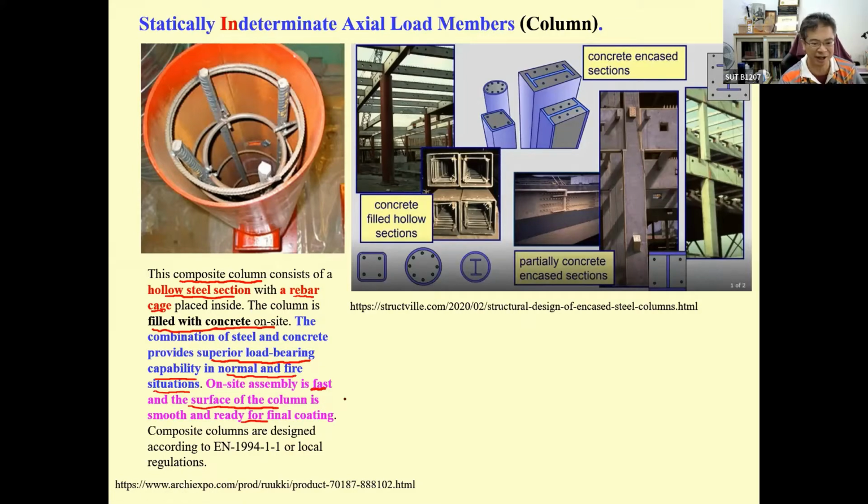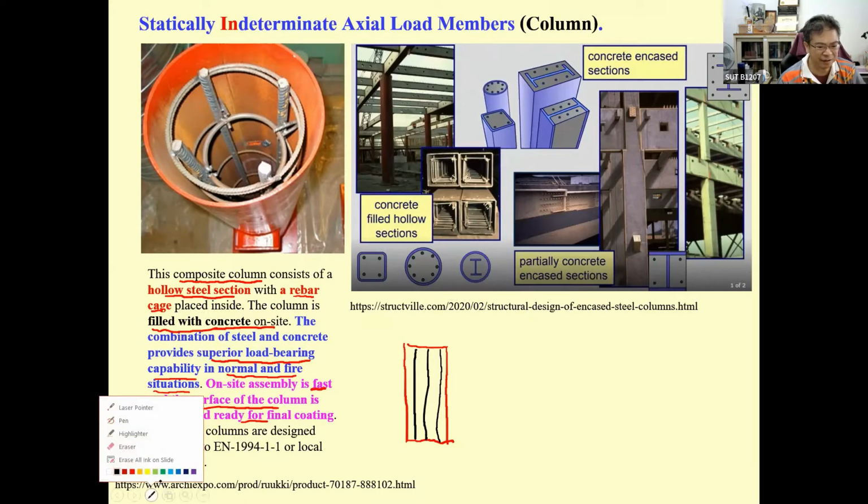during construction. If you consider this column, it is composed of, one, the orange steel tube, and the second one is the reinforcement, and then it's supposed to be a straight line. You fill this up with the concrete.